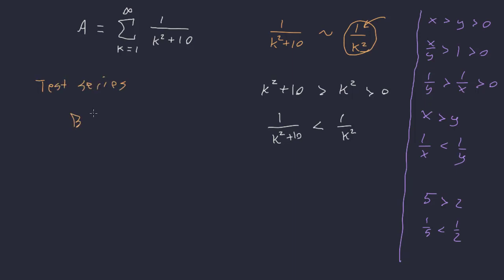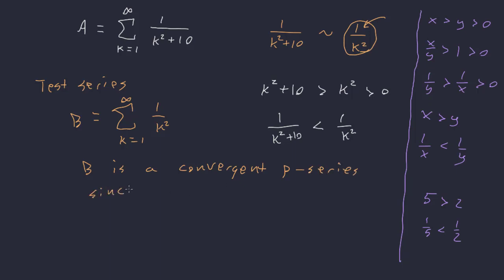I'll call it B, the series k going from 1 to infinity of 1 over k squared, and this is a convergent p-series. So B is a convergent p-series since p is equal to 2, which is greater than 1.